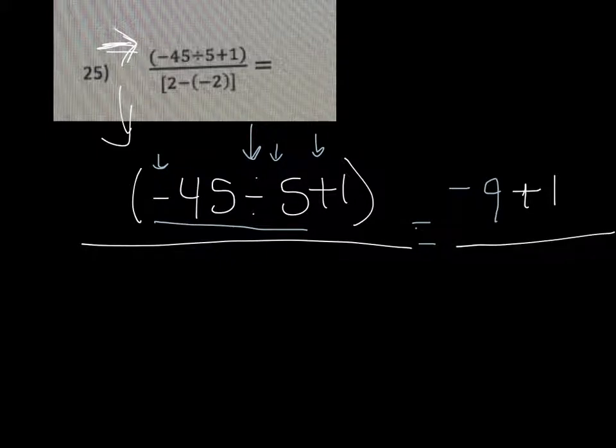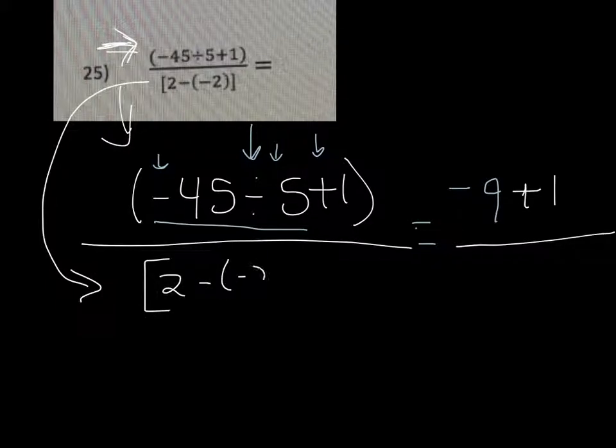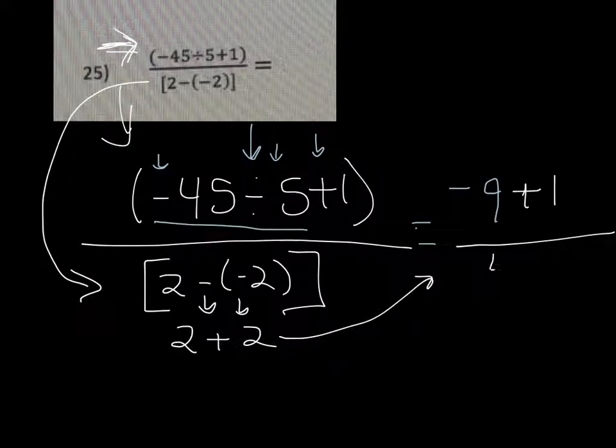Now I know I'm not done with the numerator, but let's move down to the denominator for a minute. And we've got a 2 minus a negative 2. So when we subtract a negative, we can rewrite this as adding a positive: 2 plus a positive 2, which gives us 4.